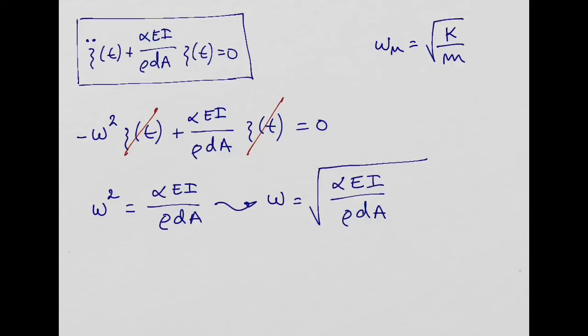A very simple 1 degree of freedom problem, spring and a mass. So if you look carefully, what you have here on the numerator, EI, is the flexural stiffness of the beam. Rho dA is a kind of a mass, right? So you have something quite similar with that, but not exactly the same, of course, because different problems, right?